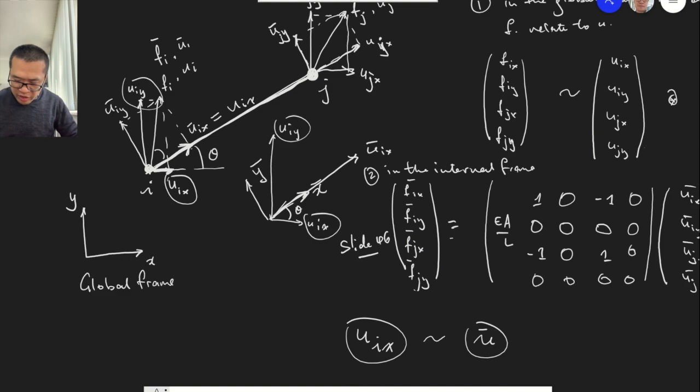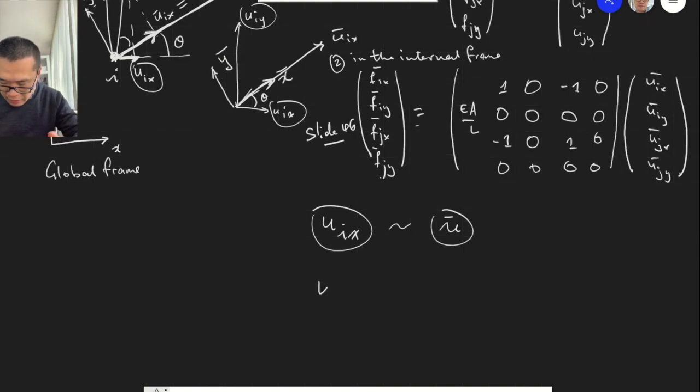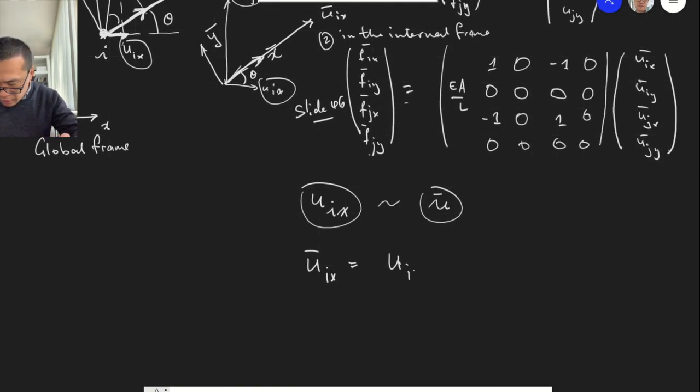If I project u1x onto this x bar axis, I will have this uix bar, and I have this uix. I need to project this onto this x bar direction, which is basically cos theta, right? This is your vector algebra.